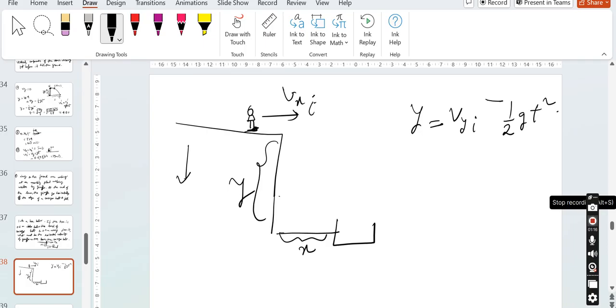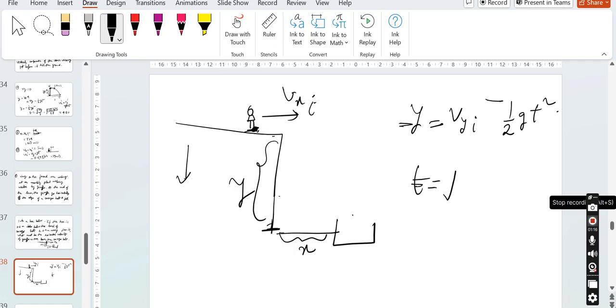when it is going downwards, don't calculate y from the ground to the point of zero. That will give you a positive y, but y should be calculated from the top. So this is basically minus y.